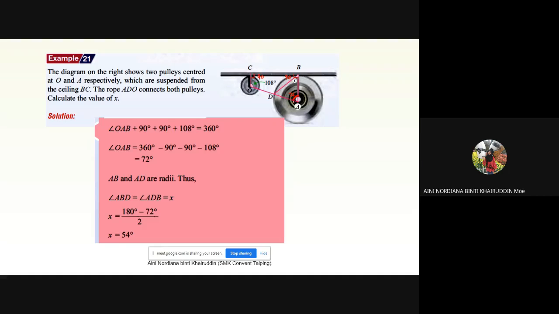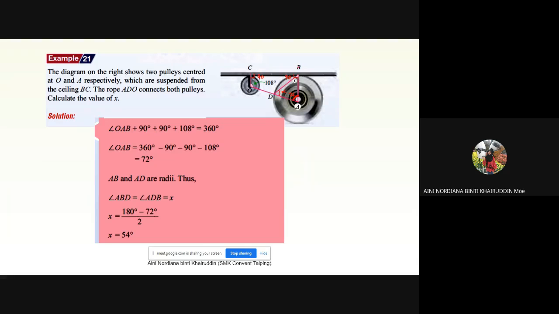Next, to calculate the value of X, angle ABD, which is X, equals ADB. So this one also X. Why?